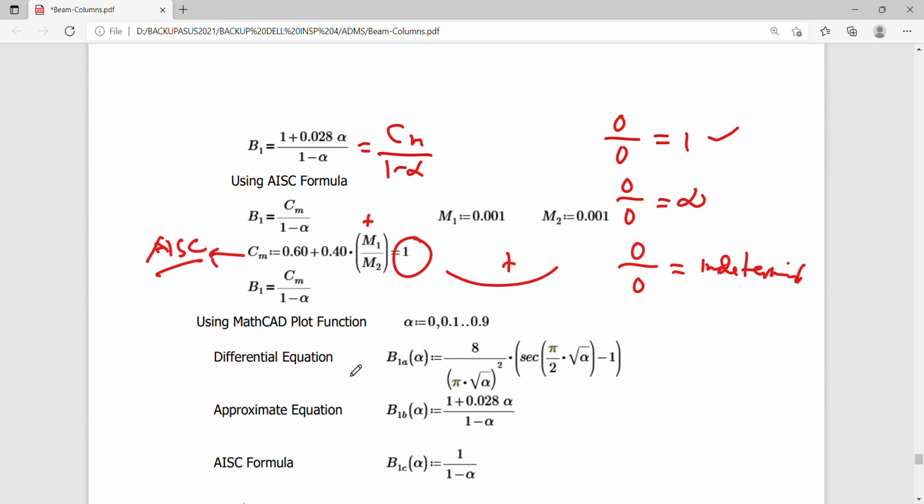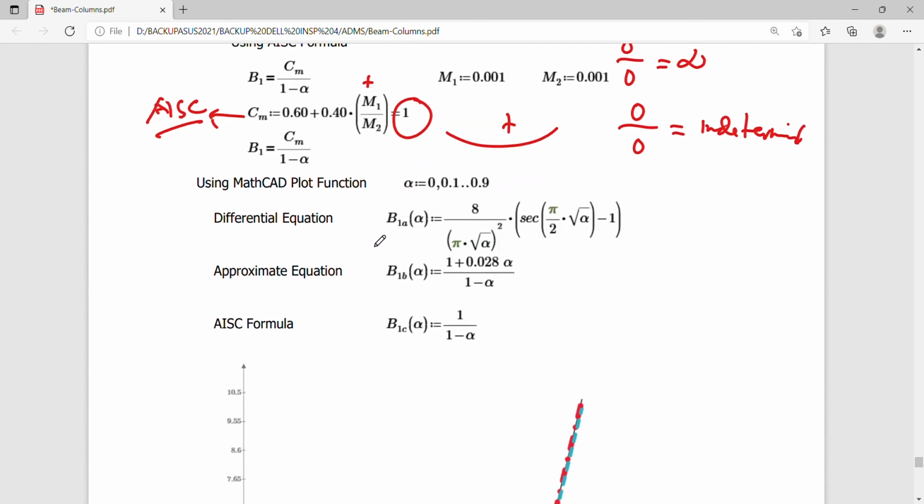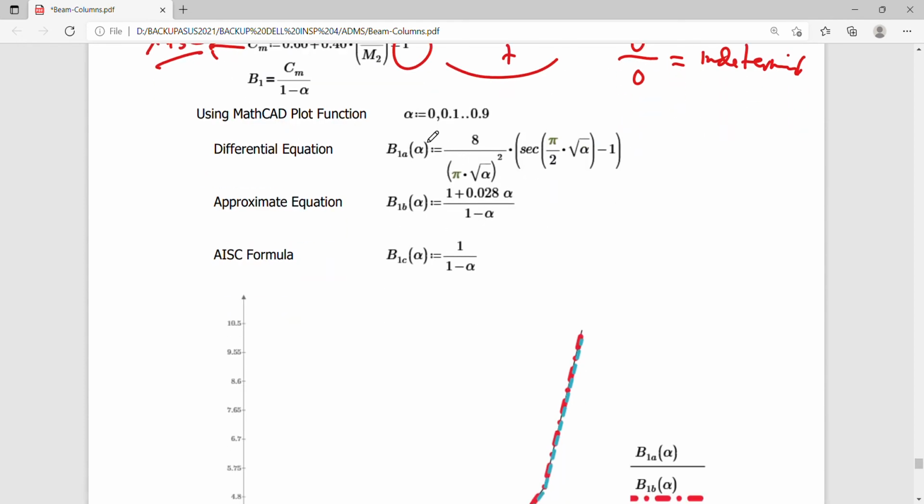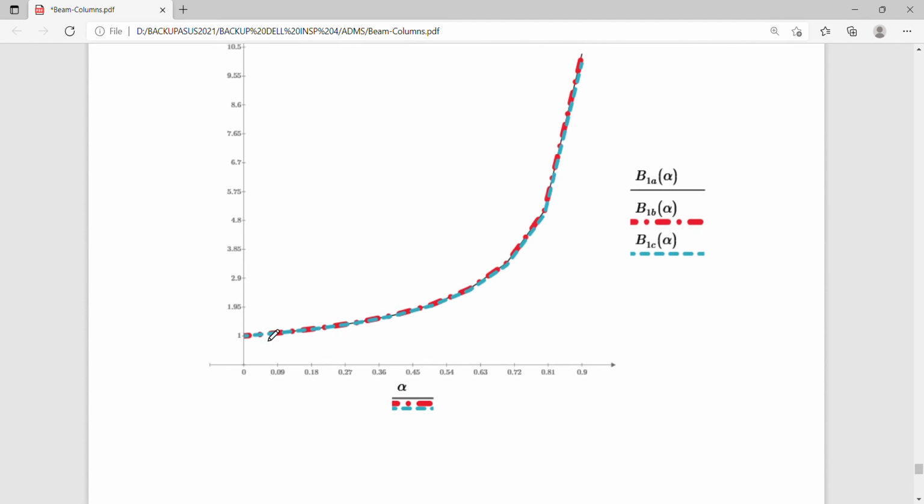And to compare them, using the MATHCAD function, I simply defined B1 based on the differential equation, the approximation equation, and the AISC equation. So I just make a function of alpha here, and define a range of values of alpha from 0 to 0.9. So what I get here is this. And if you look closely, there's no difference. But there is actually a little error here.